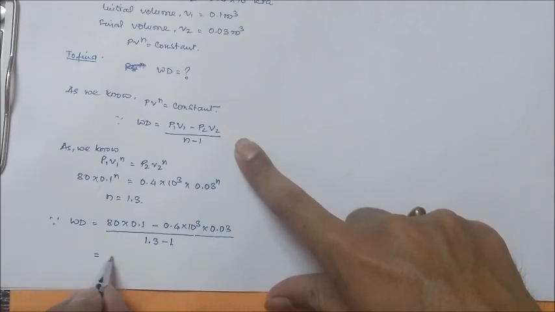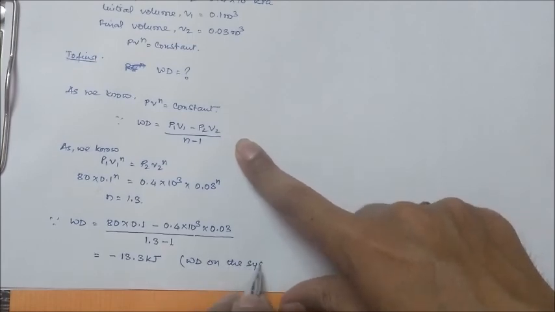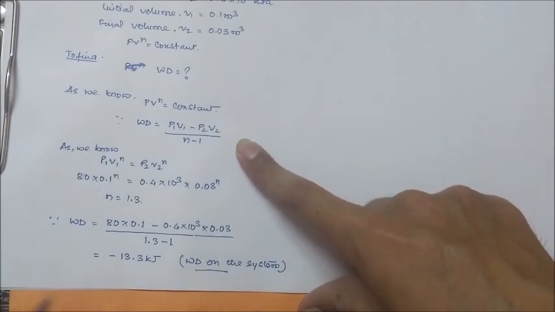The answer will be minus 13.33 kilojoule, which means work done on the system. Minus sign indicates work done on the system. This is your answer.